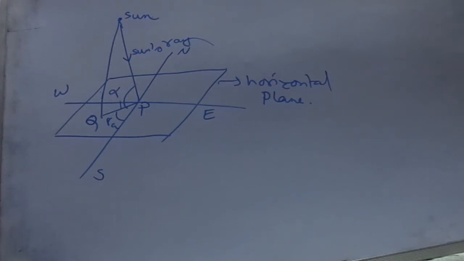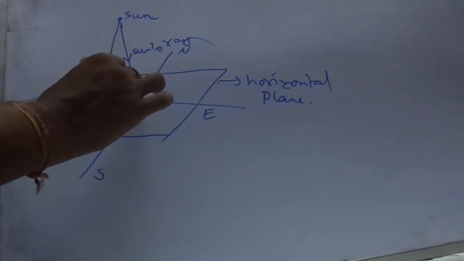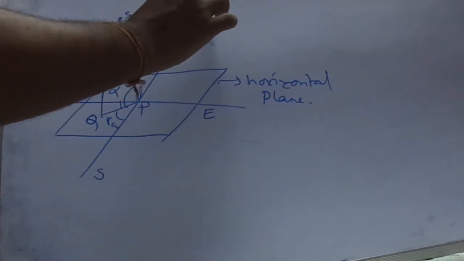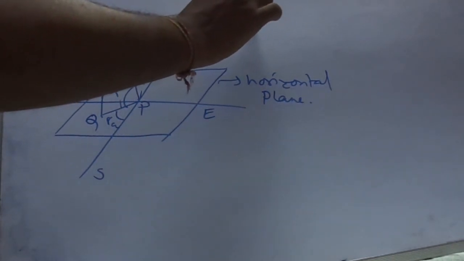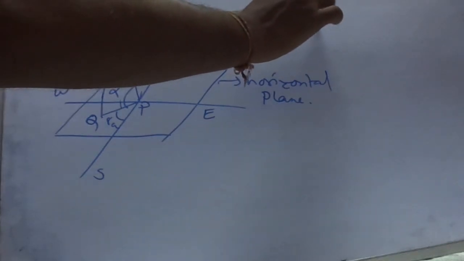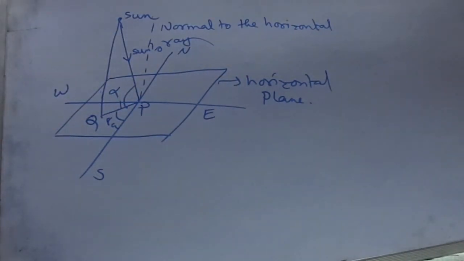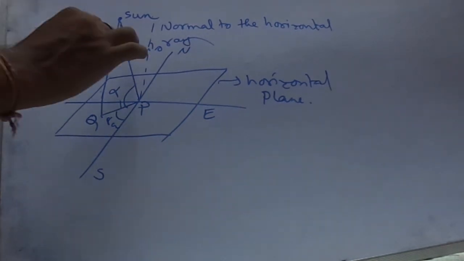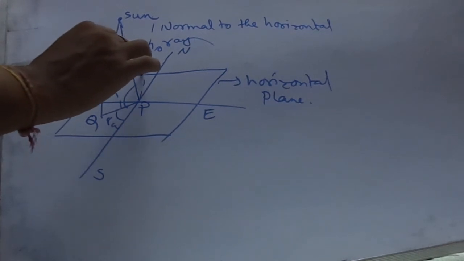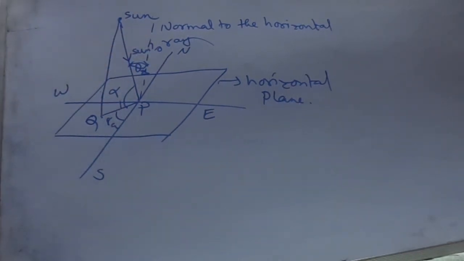This is the normal to the horizontal, and that is the sun's ray, theta z.